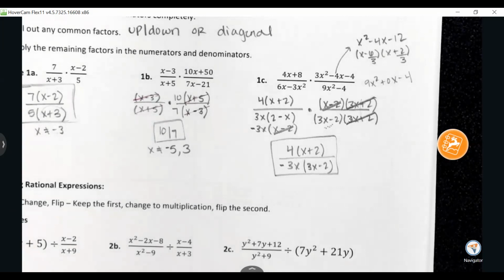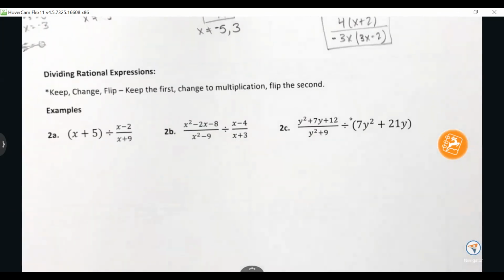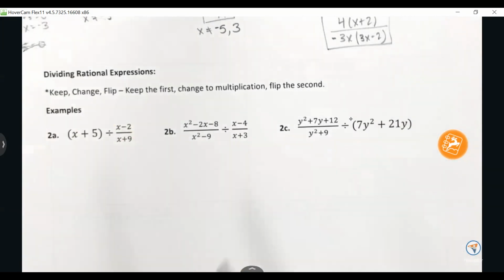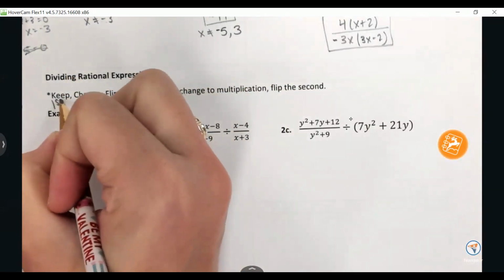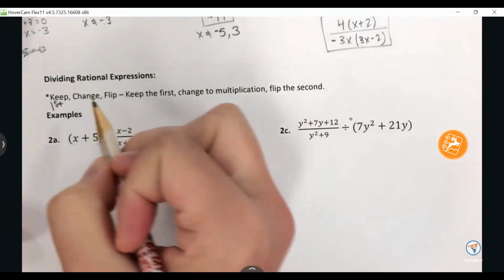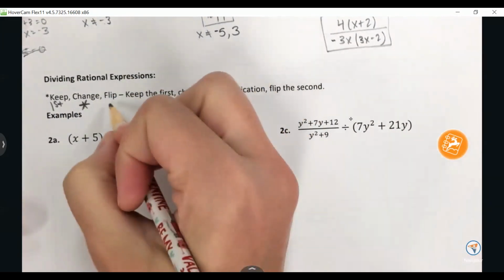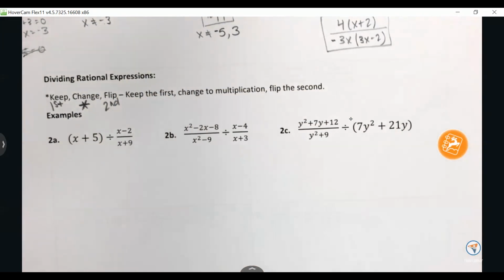So let's go to division, because I told you if you can multiply, you can divide. Because the only thing is KCF: keep, change, flip. So you keep the first, you change division becomes multiplication, and then you flip the second. My suggestion is you do that first before you do any simplifying.